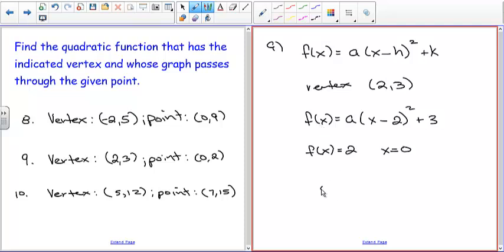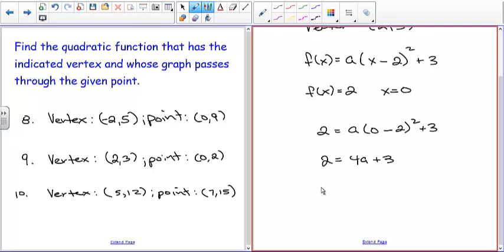Plug those in, you get 2 is equal to a times 0 minus 2 squared plus 3. 2 is equal to, well, here we have negative 2 squared, which is positive 4, so I'll get 4a plus 3.